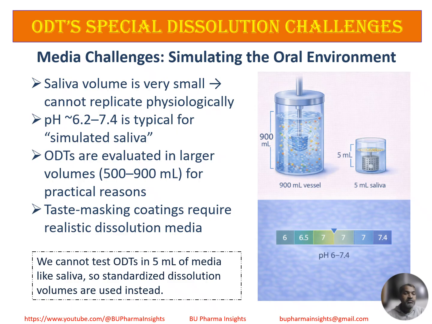So, small volumes mean more physiological, large volumes mean better analytical reliability. For ODTs with taste masking coatings, the media must be realistic enough to reflect oral conditions, but robust enough for routine testing.